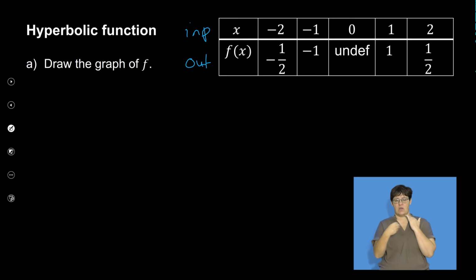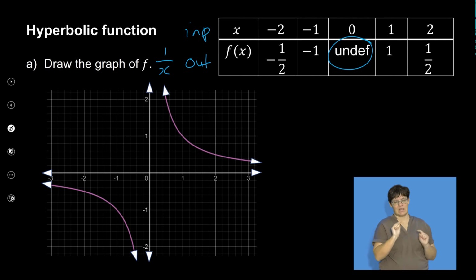Your output values, you get them from the input values, because remember it's independent and dependent variable. Now you can see that x can never be 0 because the equation is 1 over x. So if x is a denominator, definitely this will be undefined.